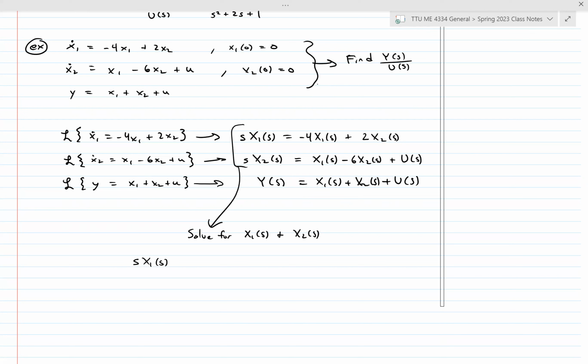So s X1 of s is equal to negative 4 X1 of s plus 2 X2 of s. We could also write that as s X1 plus 4 X1 is equal to 2 X2. You get s plus 4 over here.